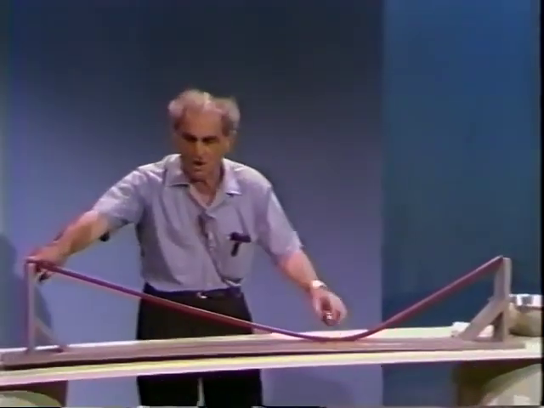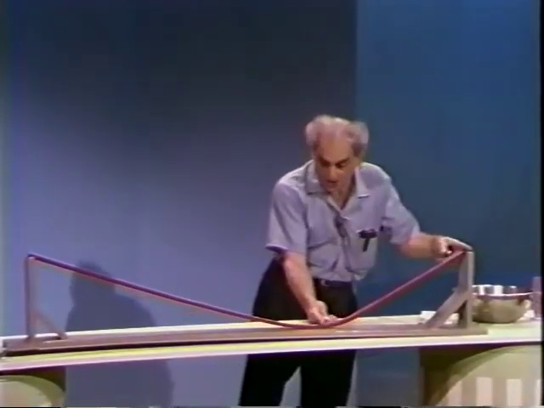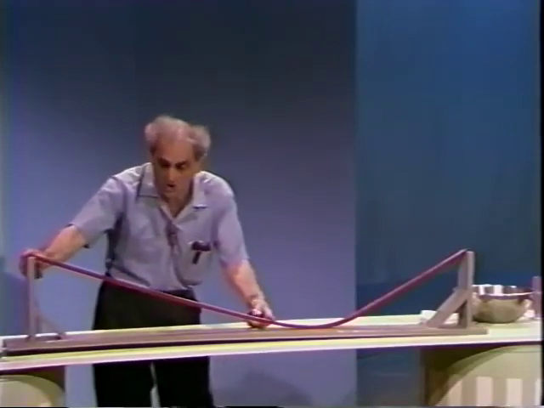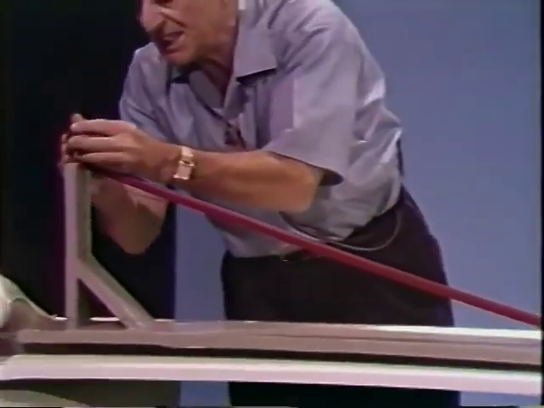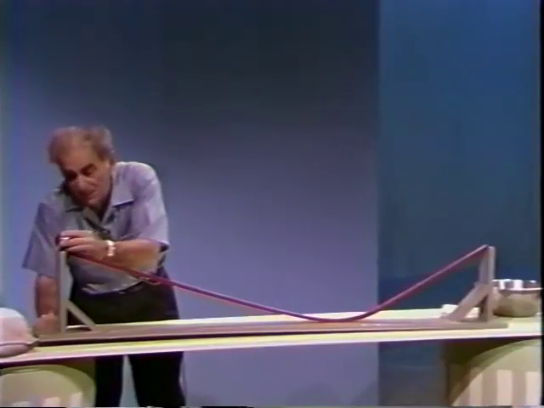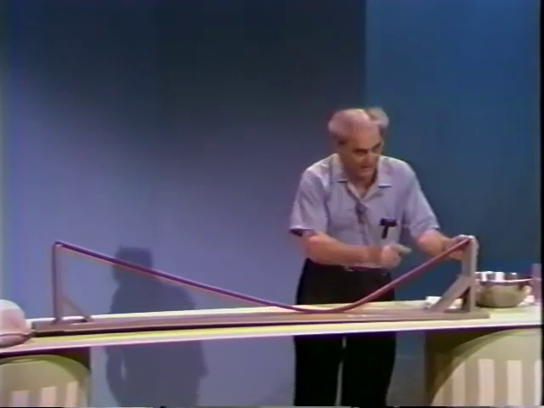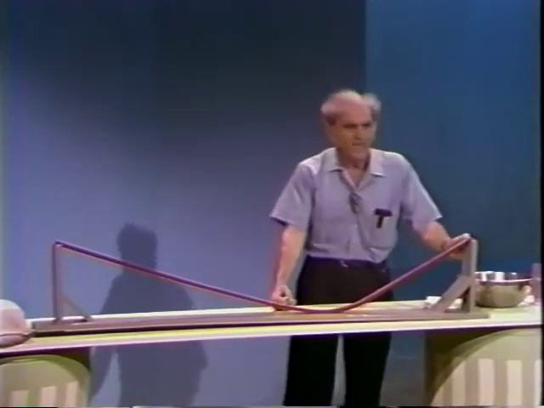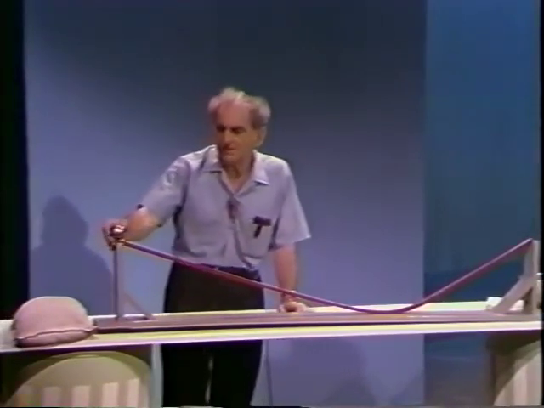Here is a curved track, straight and short here, straight and long here. Now this end of the track is at the very same elevation above the tabletop as this end. I have shimmed it up on that end to get it horizontal. And what do we do? We put a ball at the top of this track at this end.